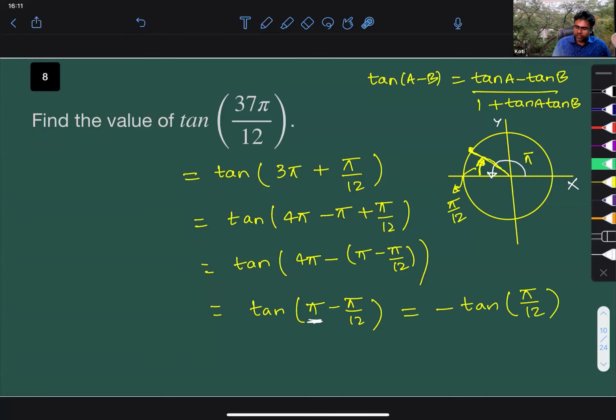Just think about it, guys. So I guess it's supposed to be positive pi by 12 because the negative is outside the bracket. Right, so here you are okay. So 3 pi, I can write as 4 pi minus pi.